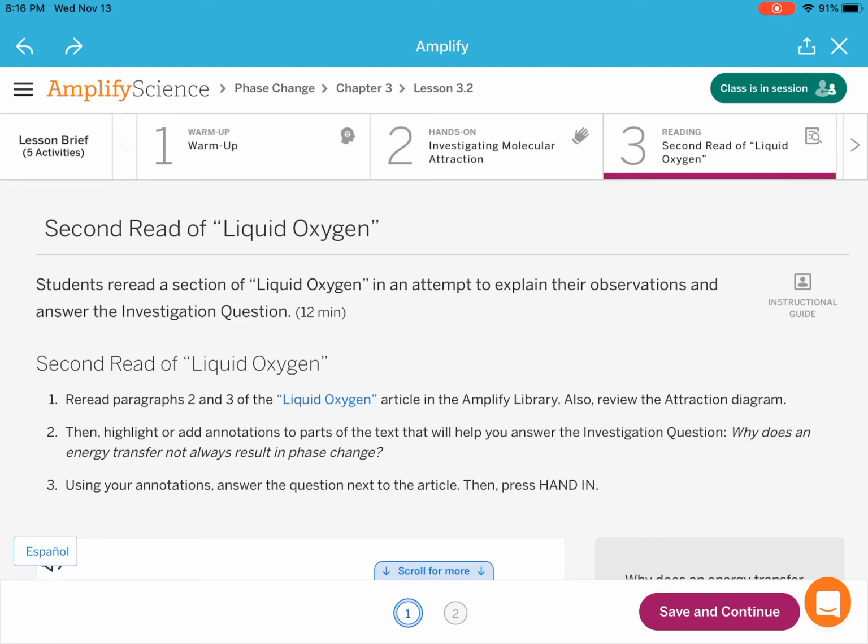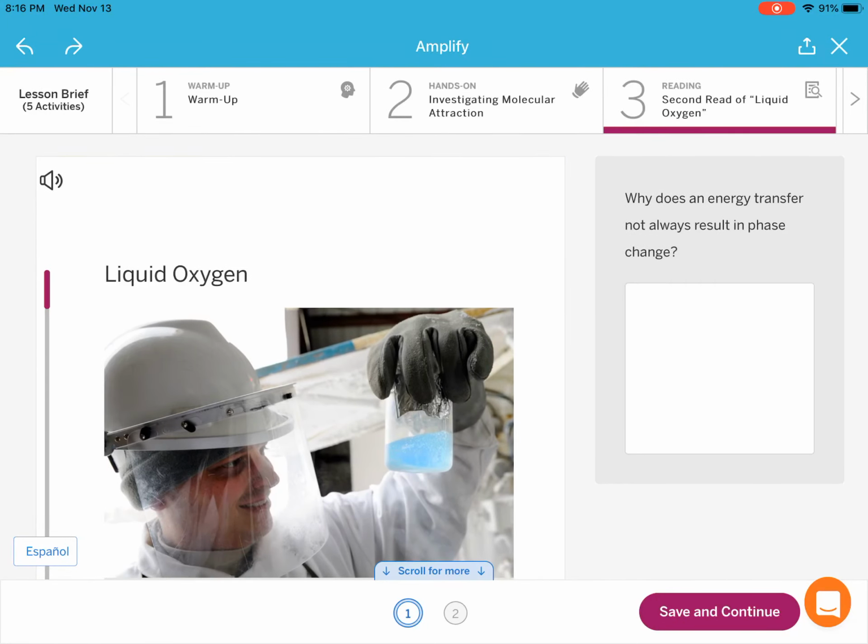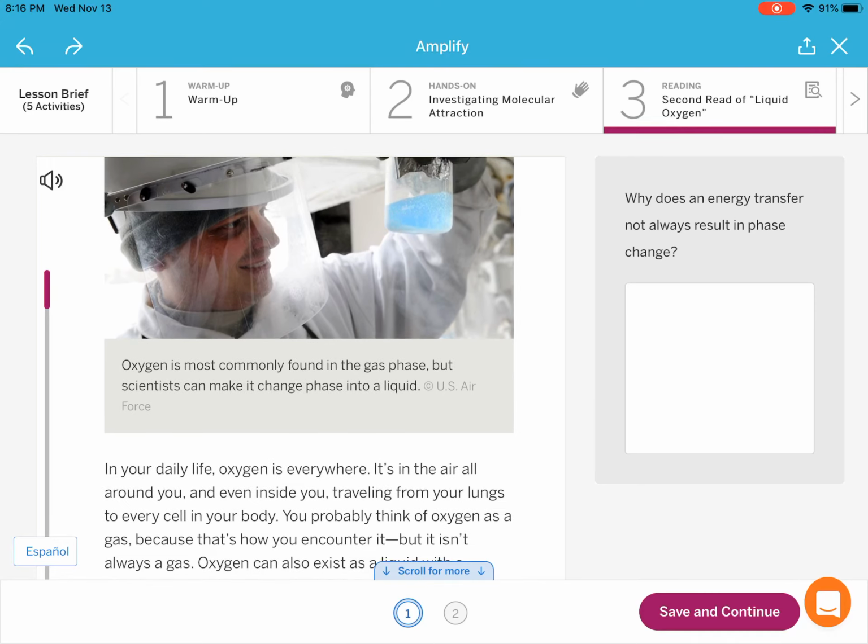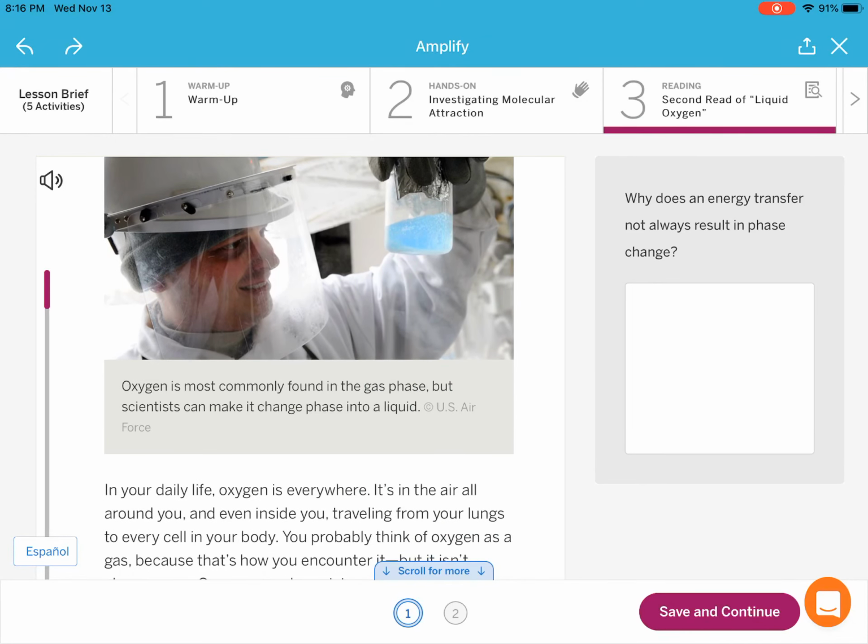Okay, Mrs. McGraw will be handing out to you a packet, and this will take you through the next few lessons. So we're going to go ahead and go with, again, looking at your phase change and looking at your liquid oxygen. Why does an energy transfer not always result in a phase change?